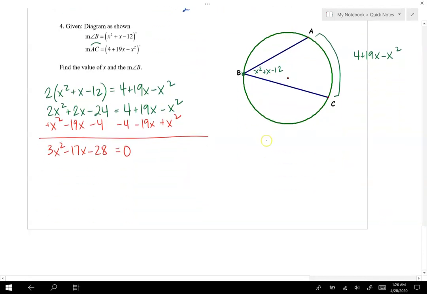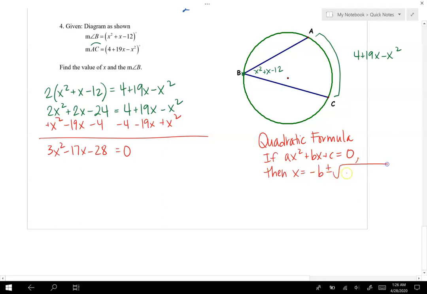And I'm going to write here on the side the quadratic formula. If you have standard form, so something like we have to the left, one side equals 0, then x equals the opposite of b, plus or minus the square root of b squared minus 4ac, all over 2a.